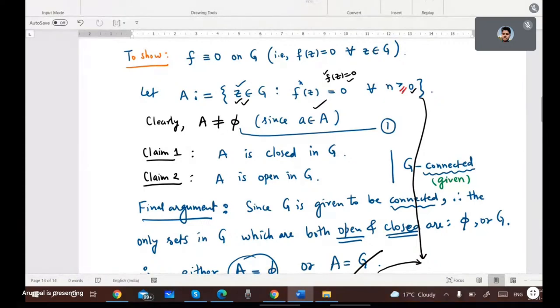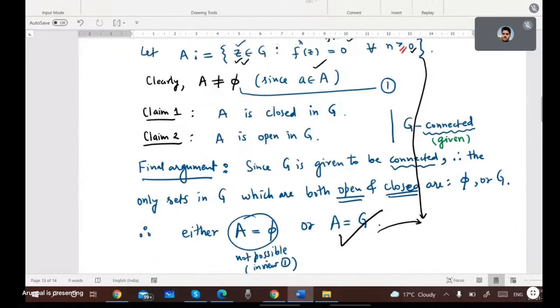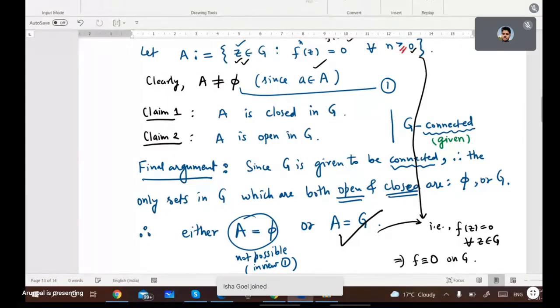Yes, sir. But now we have shown that A is nothing but G. That is, the function is taking value 0 at all the points of G, because A and G are the same. It means f is identically equal to 0 on G. Yes or no? Yes, sir. So this is exactly what we are supposed to show.